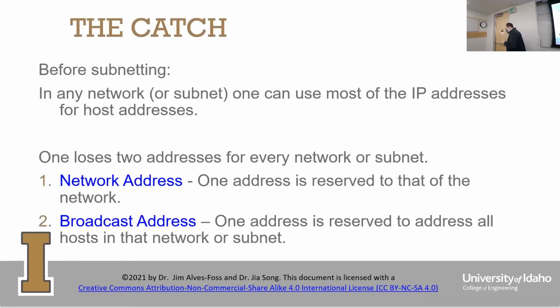So before subnetting, in any network, any subnet, one can use most of the IP addresses for host addresses, machine addresses. However, I just mentioned, hey, if we're subnet 100, we have 256 possible addresses, 0 to 255. Slightly lied. Address 0 is reserved for that of the network. You can't have a host 0 because you just use that to define what your network is.